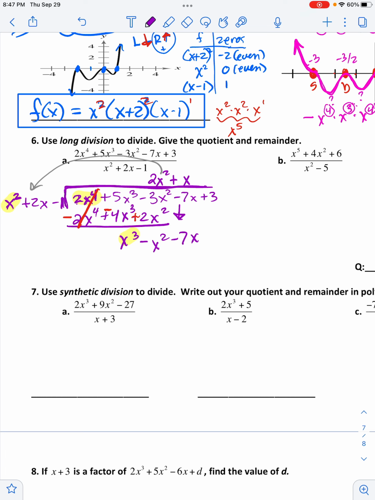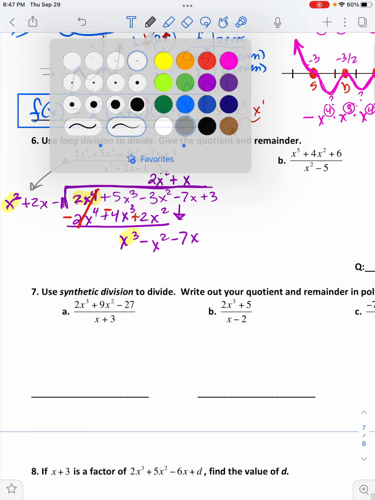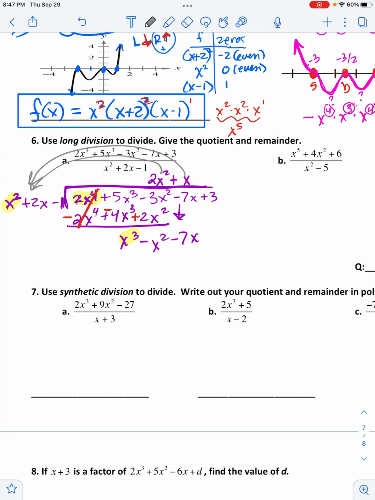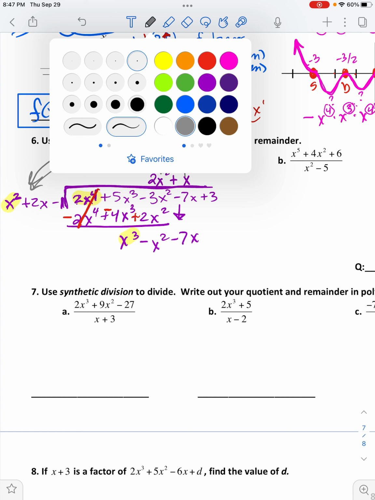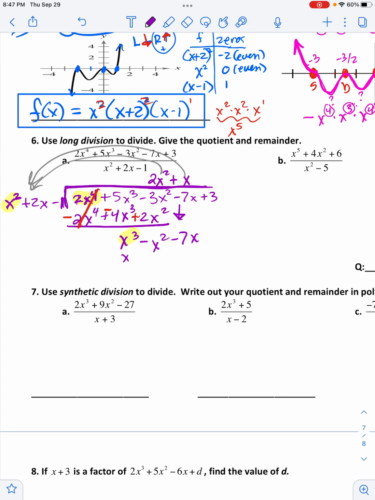Now I do the same thing again. I'm going to go ahead and multiply this x on the top by everything, distributing it to everything on the side. X times x squared, x times a 2x, and x times a negative 1. Big fat line, start going through to subtract. X cubed minus x cubed is canceled as it should be.